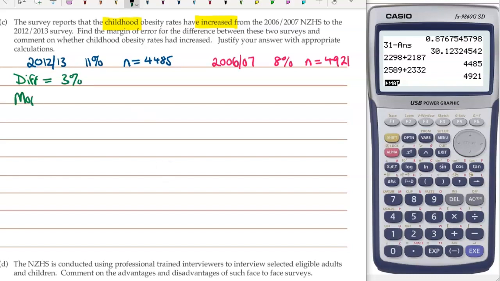The margin of error on that difference: these are two independent groups, so we're doing 1.5 times the average margin of error. So half of the two margins of error added together. That's 1 over the root of 4485 plus 1 over the root of 4921.